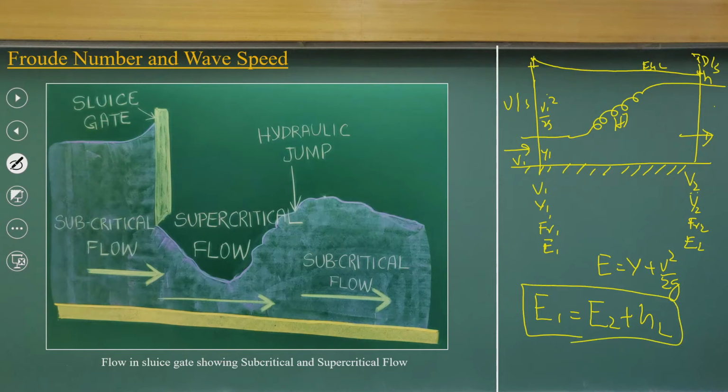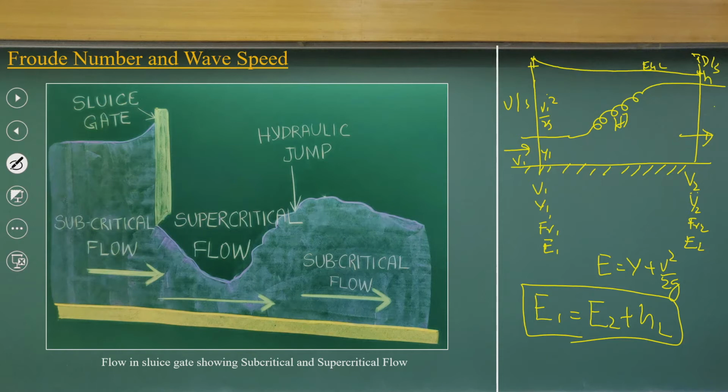It is very simple to get the energy losses. If I know the specific energy upstream and the specific energy downstream, just by subtracting them I will get the energy losses. How do we get V2 and Y2? Upstream conditions we know: V1, Y1, flow Froude number, and specific energy.